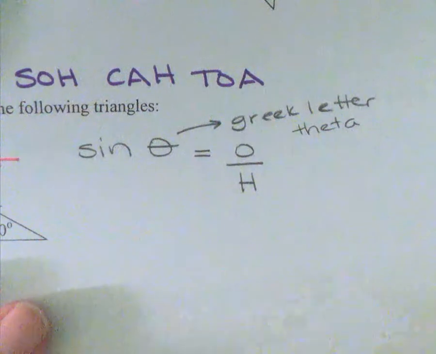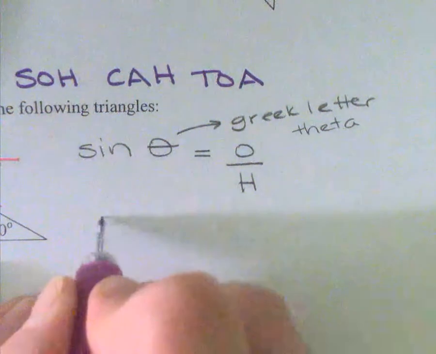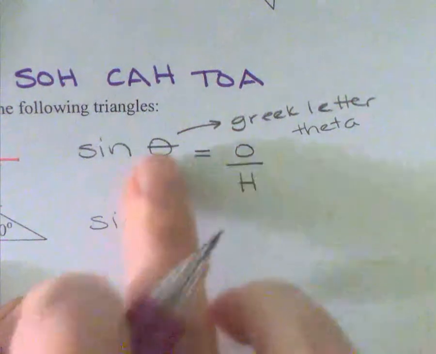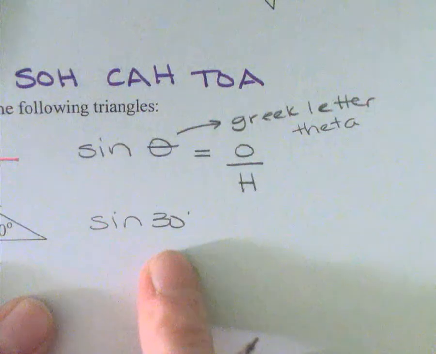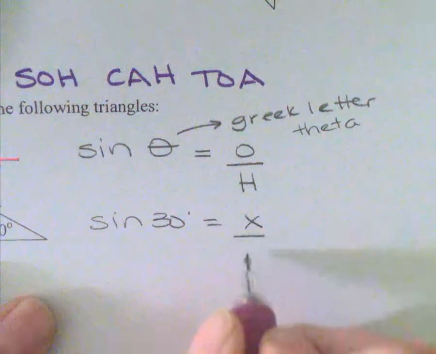So then what I want to do is I want to plug in what I know. So I can say, well, this is sine of 30 degrees, because that was my angle. This gets represented for my angle. The opposite side is x, and the hypotenuse is 10.